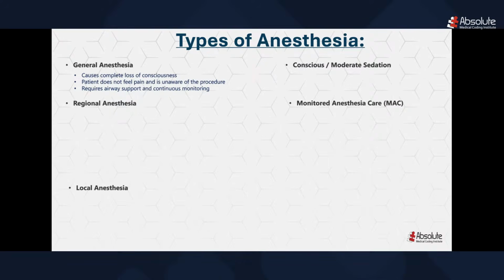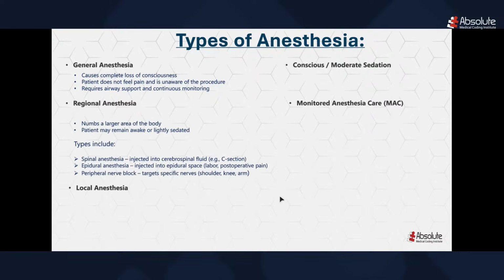They require airway support, ventilation, and constant monitoring. General anesthesia is typically used for major surgeries. Think of abdominal, cardiac, or orthopedic surgeries. Anything that requires full sedation and muscle relaxation.